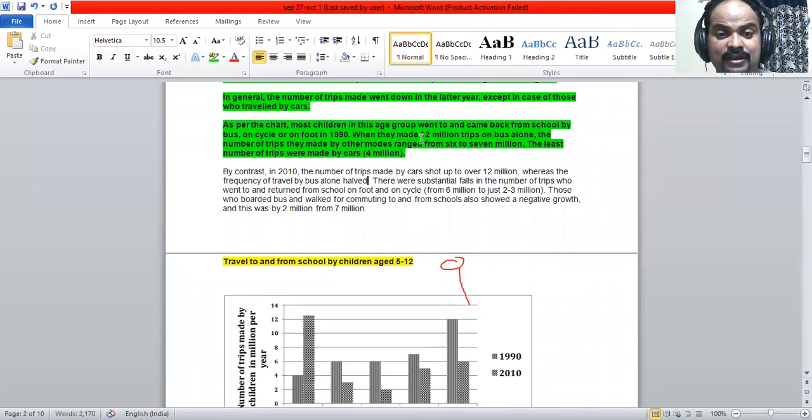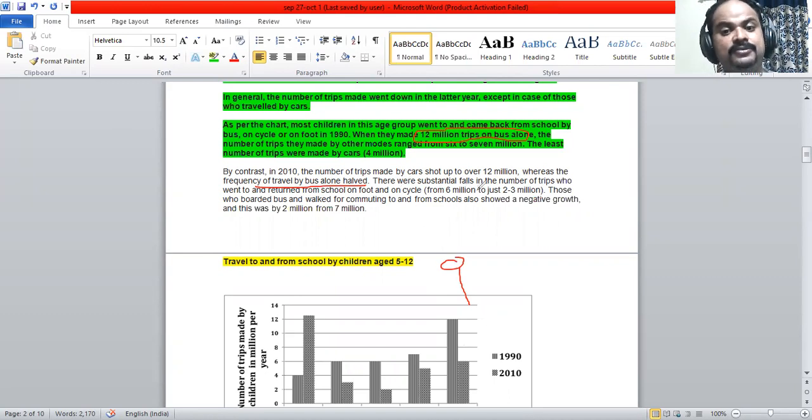So we have set the data in the previous paragraph. You can see that in the previous paragraph, the data is 12 million trips on bus alone. So you can say the frequency of travel by bus alone halved, 12 to 6. Comparison. What was there? 12 million. What have I done? Halved. So the comparison became a little bit more relevant there.